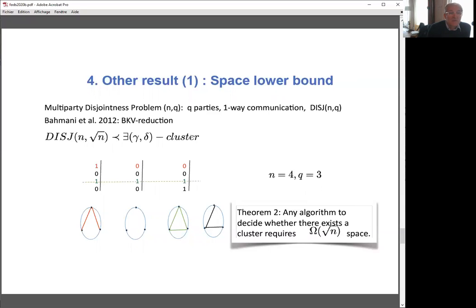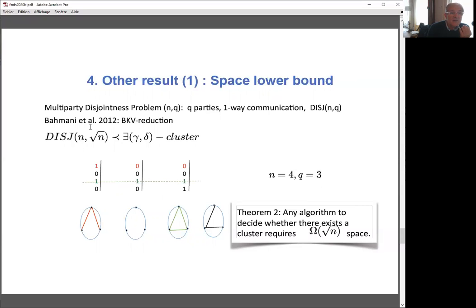And here we use a known reduction from a very classical problem, which is the multi-party disjointness problem. Okay, so given such an instance, for example, you have q Boolean vectors of size n, and you want to know if they have a line where all the values are 1. Okay, so that's the disjointness of these vectors.